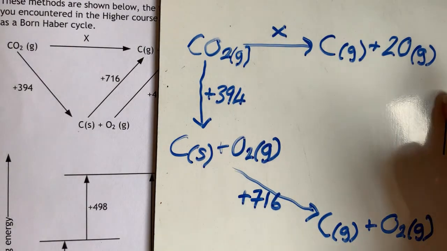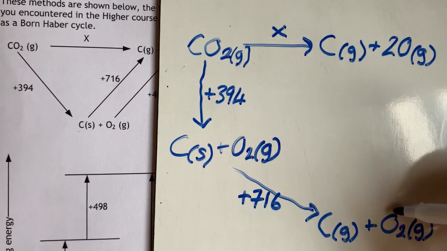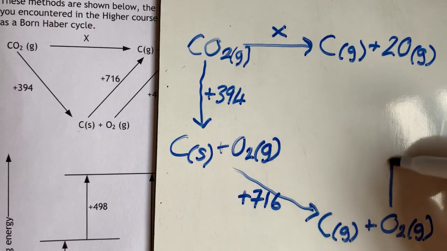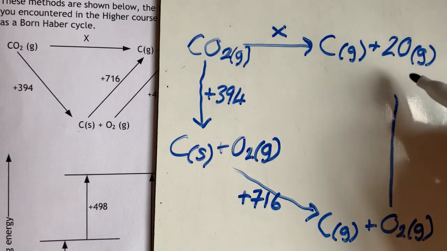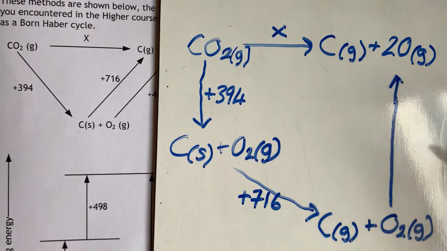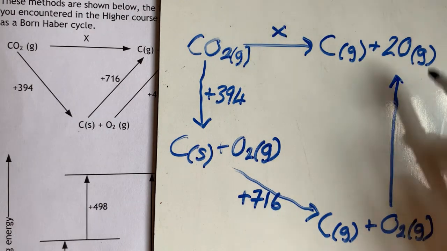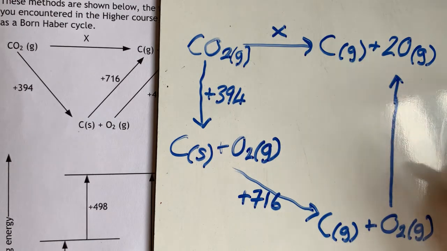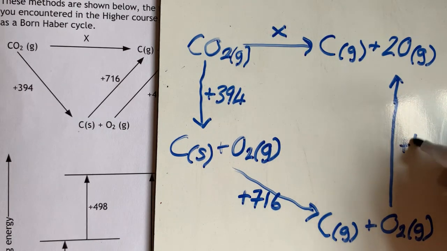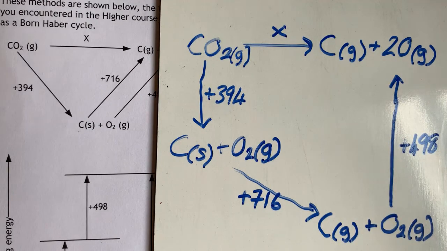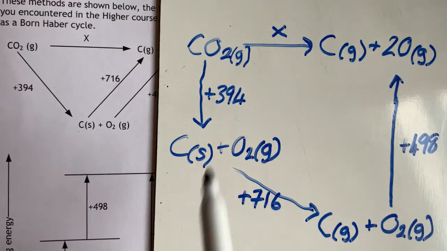The next thing we're going to do is break this oxygen molecule and turn that into 2 separate oxygen atoms. So that would be the bond enthalpy for the oxygen, and that, according to the diagram, is plus 498. So if we want to go from here to here, which can't be measured, that's fine.